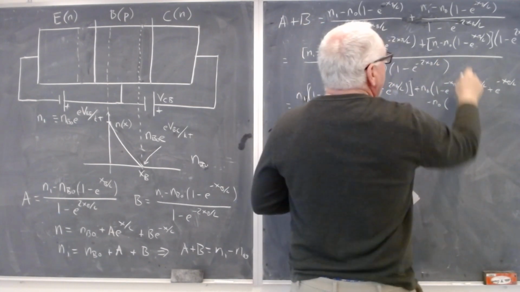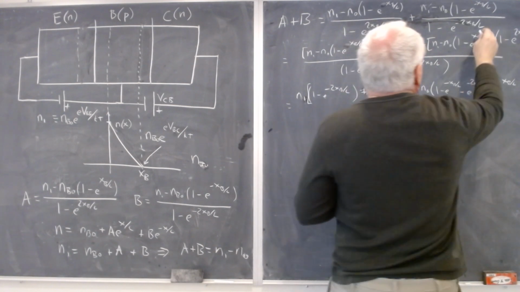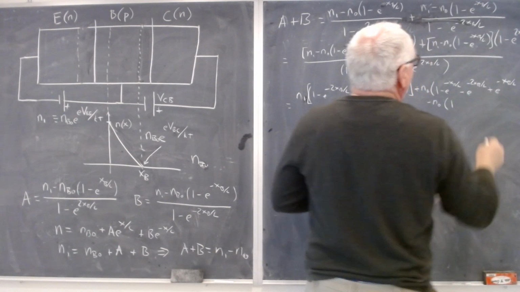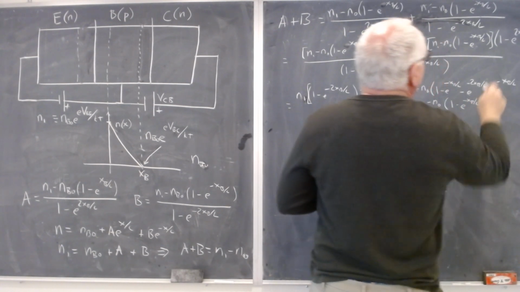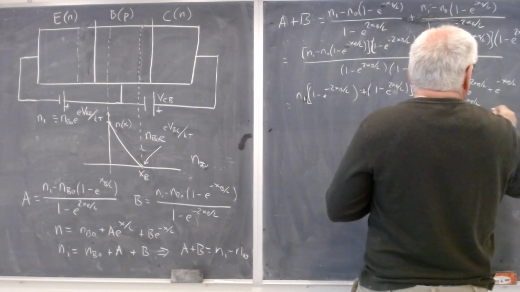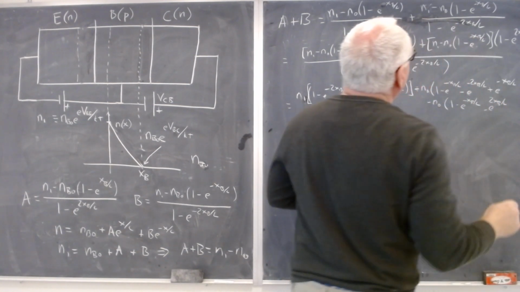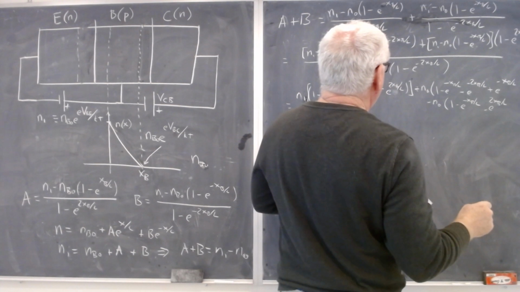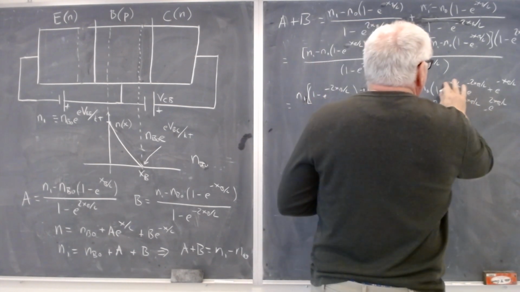So that's 1, now let me fix that. 1 minus e to the negative xb over L minus e to the 2 xb over L, and I need to fix that there.